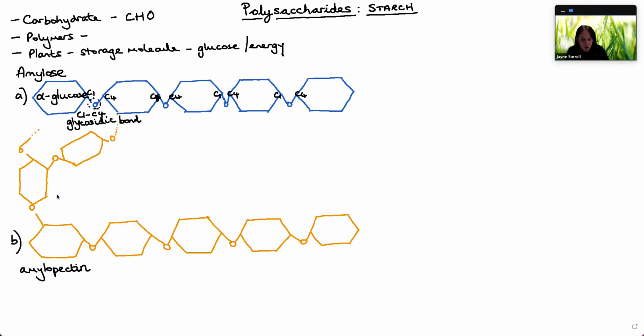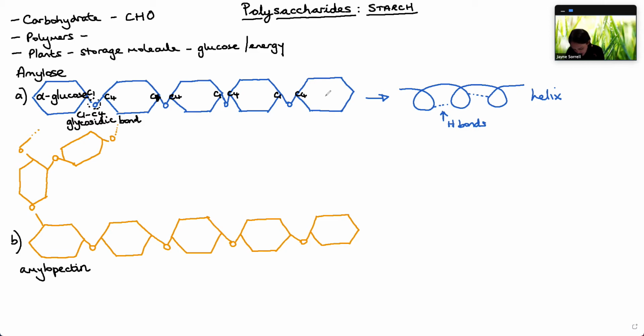Because of hydrogen bonding, it folds into a helix. So it takes on this structure here, and that is held in place by hydrogen bonds. These are weak forces of attraction between negatively charged oxygen and positively charged hydrogen that is sticking out from these alpha glucoses.